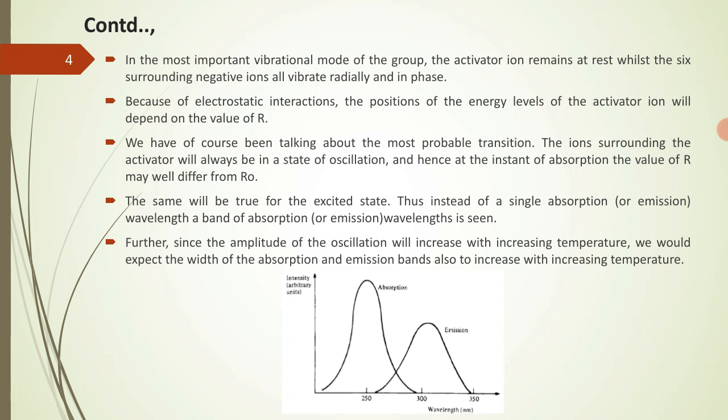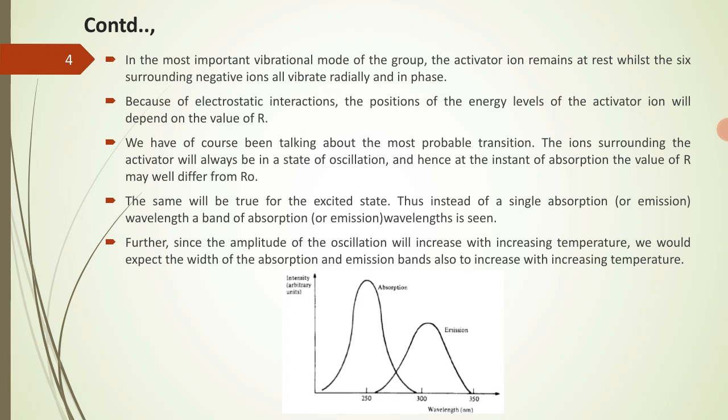Because of electrostatic interaction, the position of the energy levels of the activator ion will always depend upon the value of R. This will be true for the excited state also. Here, instead of a single absorption or emission wavelength, a band of wavelengths is seen.